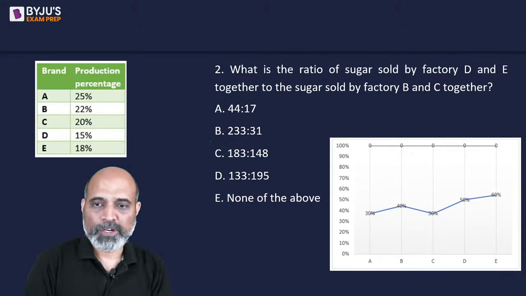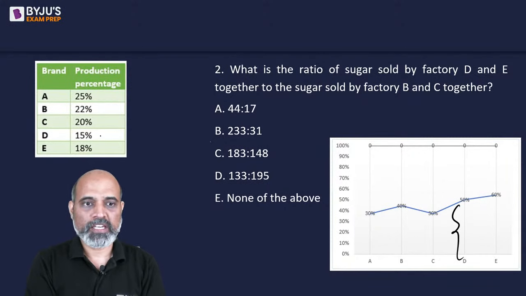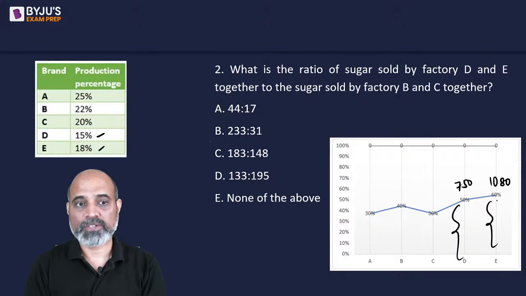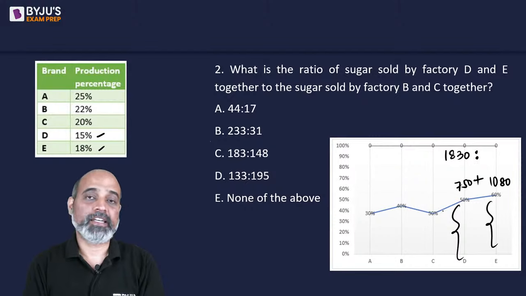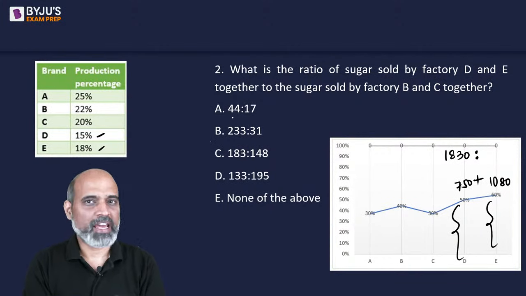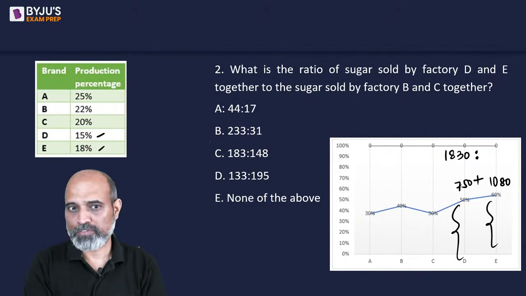For D, if you remember, it is going to be 50 into 15, which is 750. For E, if you remember, it was 60 into 18, which was 1080. So the sum is going to be 1830. जैसे ही 1830 आ गया रेशियो में, will 1830 simplify and give you 44? नहीं, 1830 is not in the table of 44, right?